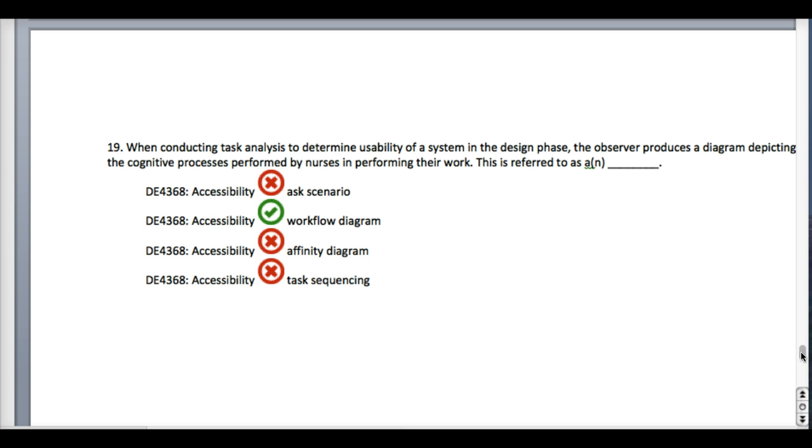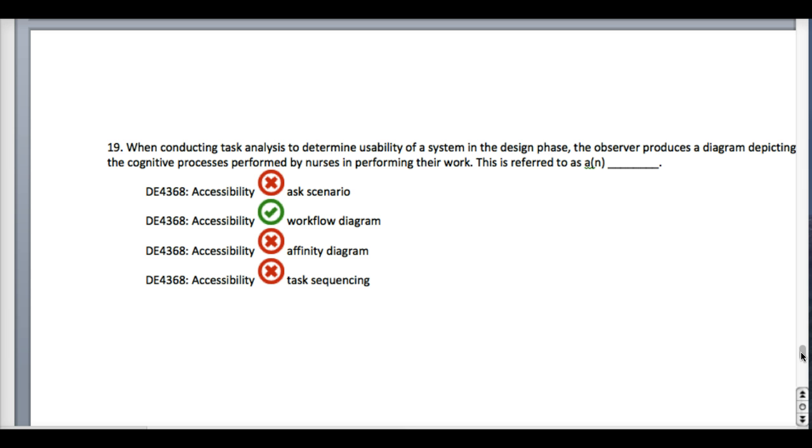When conducting task analysis to determine usability of a system in the design phase, the observer produces a diagram depicting the cognitive processes performed by nurses. This is what is called a workflow analysis. It's usually done using some type of drawing program, like, for example, Visio, which is a Microsoft product. So let's look at the answers here.